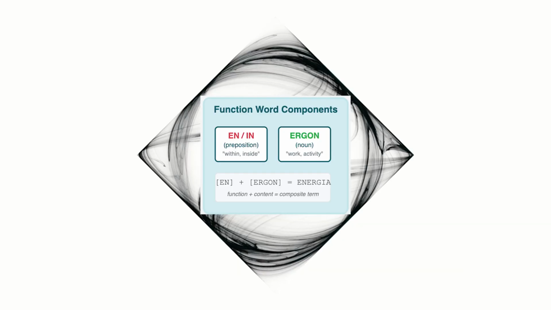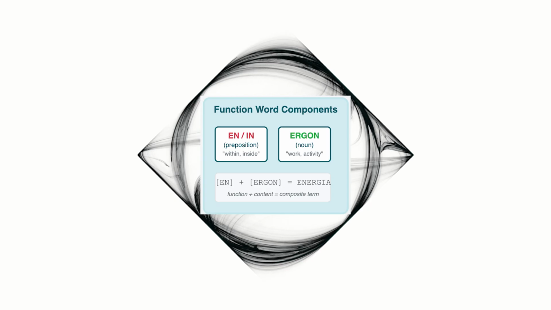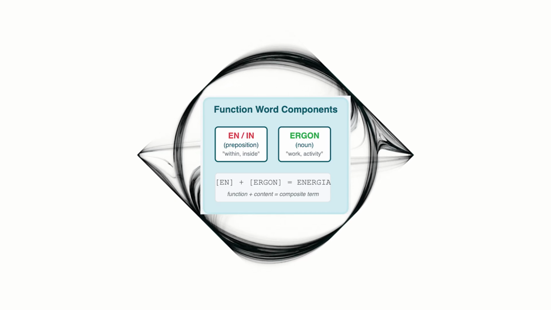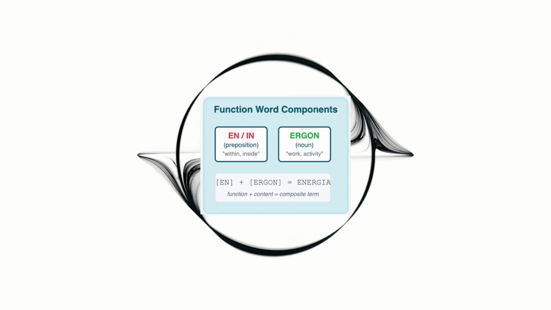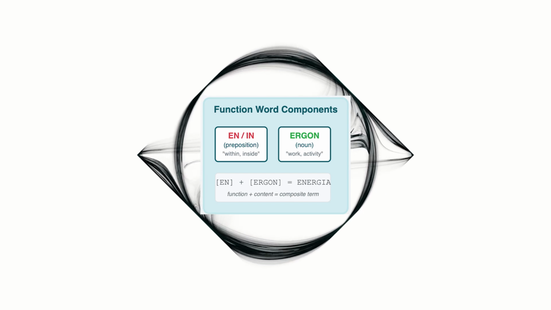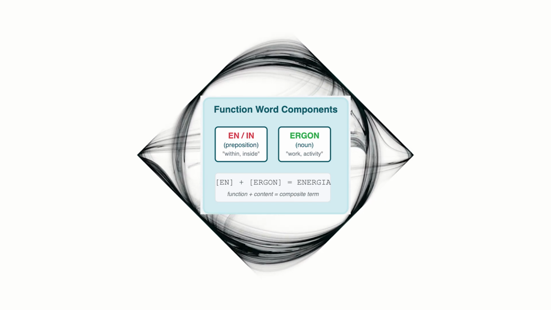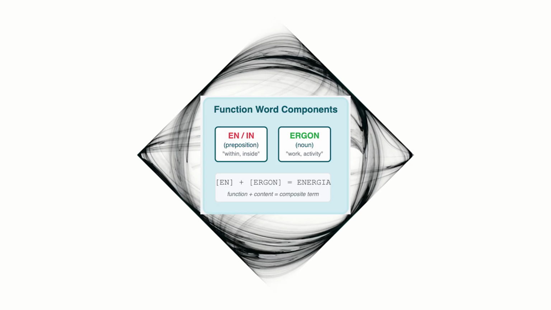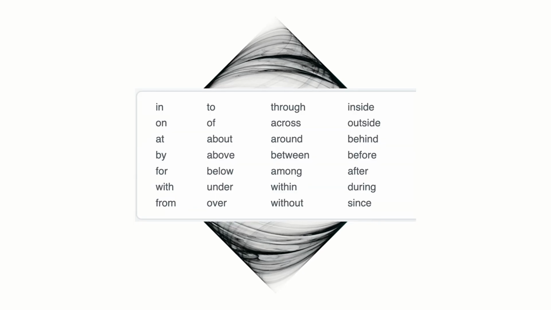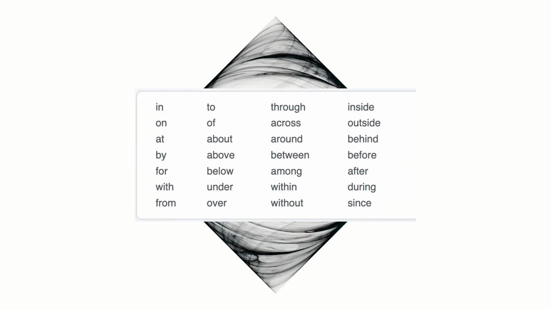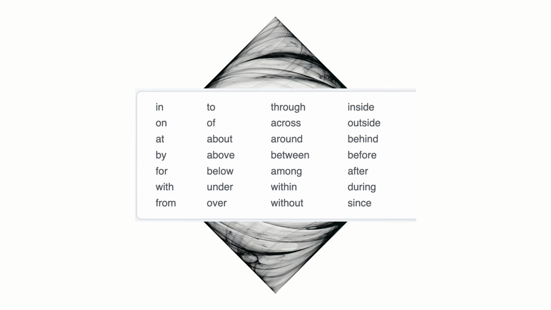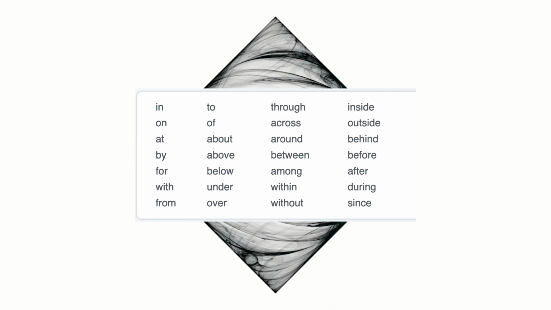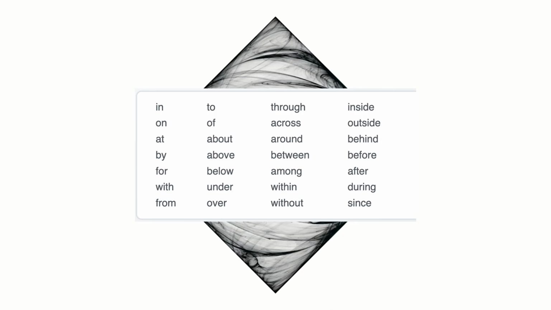Think of the etymology of the word energy, a composite of the syllables en, which means within, and ergon, a content word that denotes work. Think here of the function which words like in, of, from, without, within, inside, into, around, among, at, and other such words have.